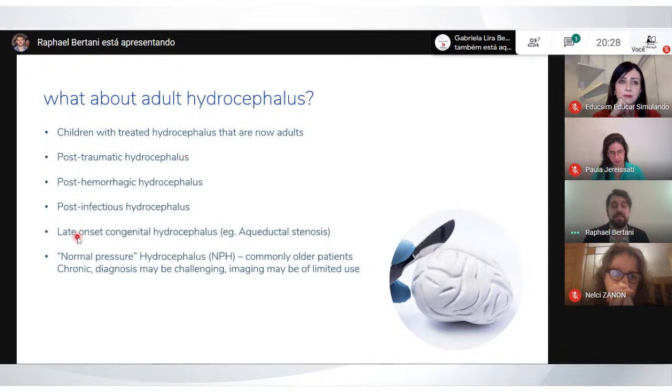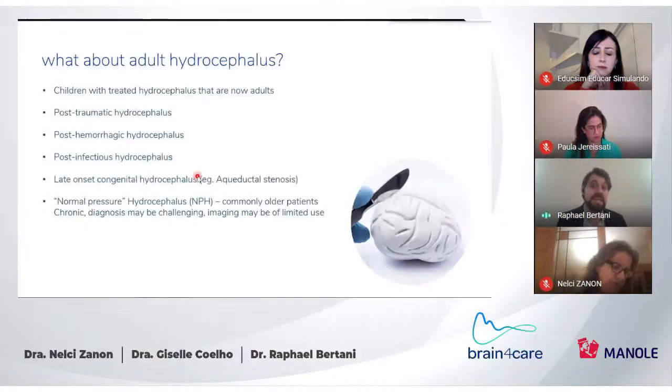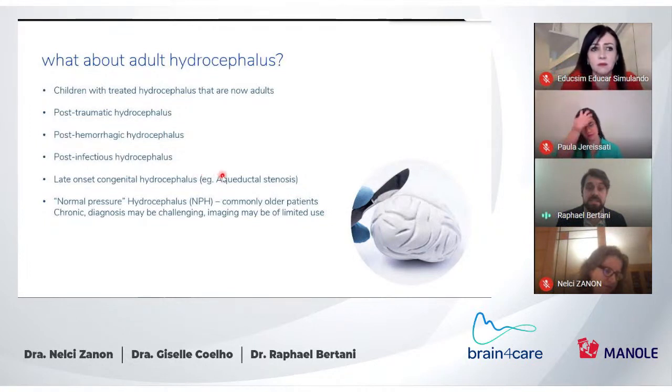We can also have a more rare sort of congenital hydrocephalus that will appear later in life. So maybe, for example, a kid that has an aqueductal stenosis, but this only will develop symptoms later. It's not usual, but I've seen it happen, and it was quite surprising for the family, so it's something important to highlight the existence of.